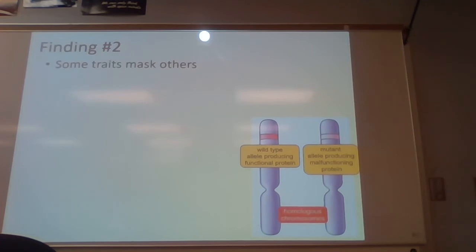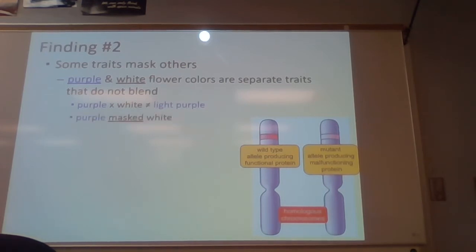So, finding number 2. Some traits mask others. When we mix that purple and white flower, we don't get white-purple, we get purple. So that purple allele tends to mask the white allele.